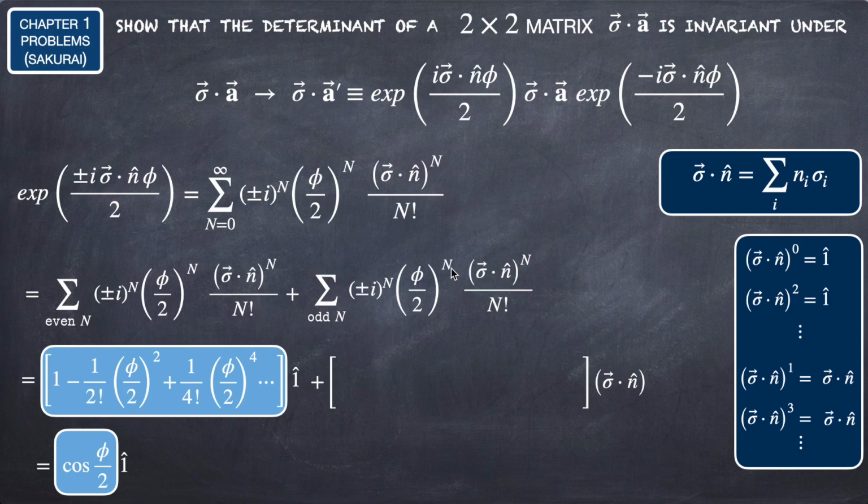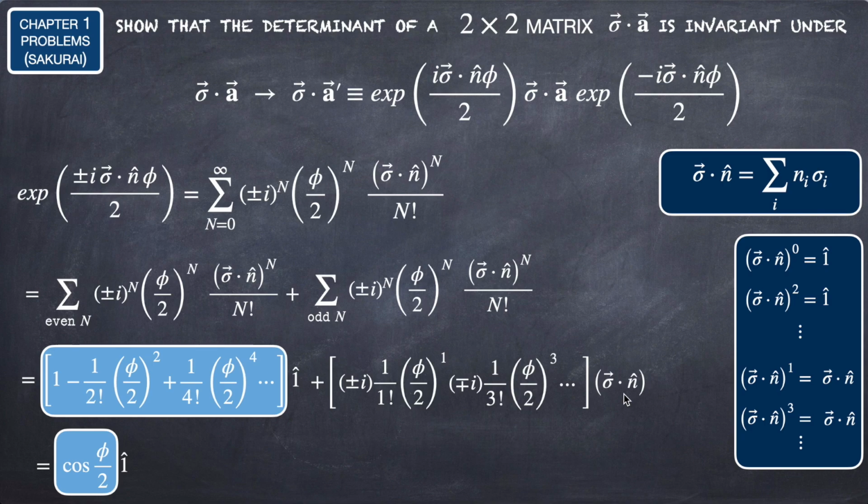So the other terms, all terms will have sigma n as a factor. When capital N is equal to 1, we will get plus minus i, 1 over 1 factorial, phi over 2. And then the next one will be plus minus i to the power of 3, which is going to be i squared multiplied by i, which is minus i. And for the other sign, it will be i squared multiplied by minus i, which is plus i. 1 over 3 factorial, phi over 2 to the power of 3, and so on.